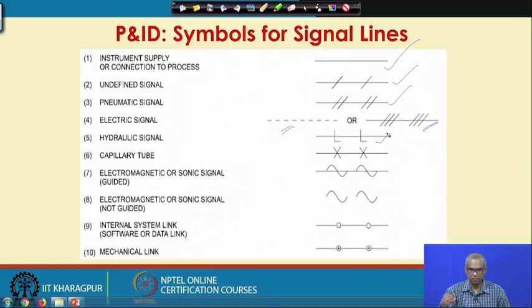Hydraulic signal, capillary tube, electromagnetic or sonic signal, which is guided, and this is unguided electromagnetic or sonic signal. Internal system link, software or data link, this is mechanical link. This is an example of orifice.